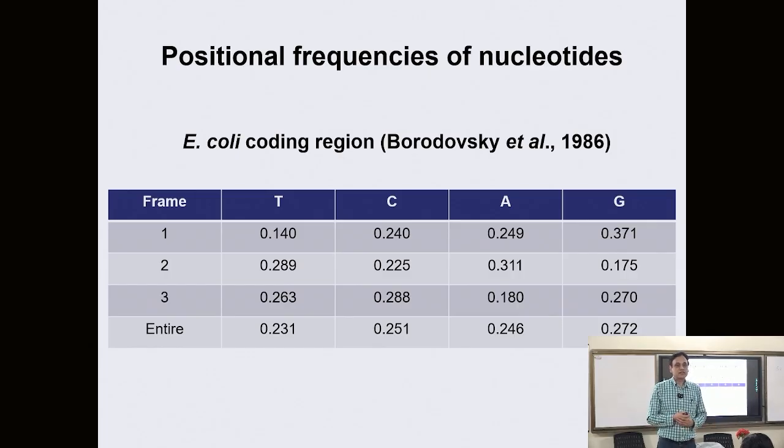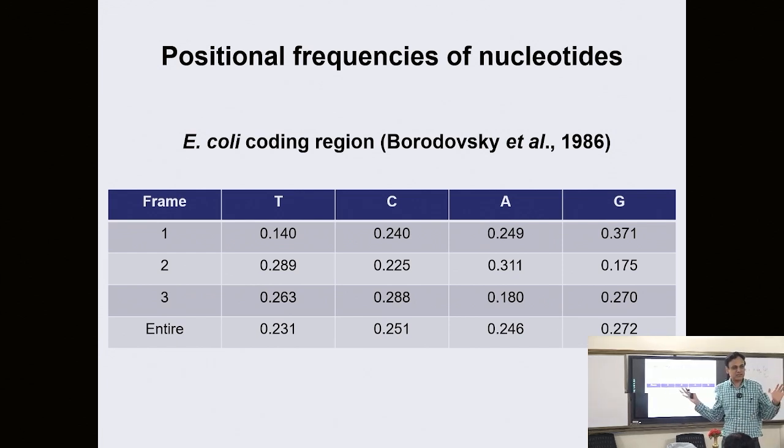And what are the stop codons? TAA, TAG, TGA. So they always start with T at codon position 1, right? So if you look at position 1, the frequency of T is much lower. So maybe that is contributing to that, many different reasons.